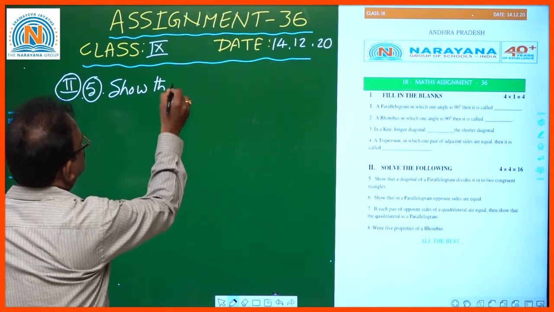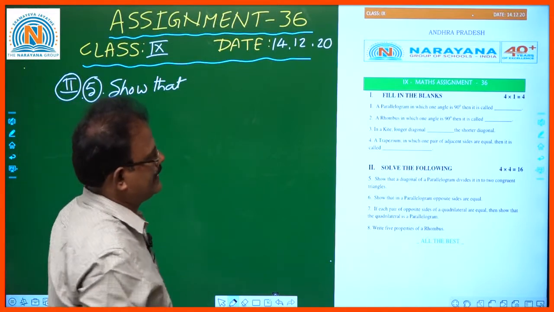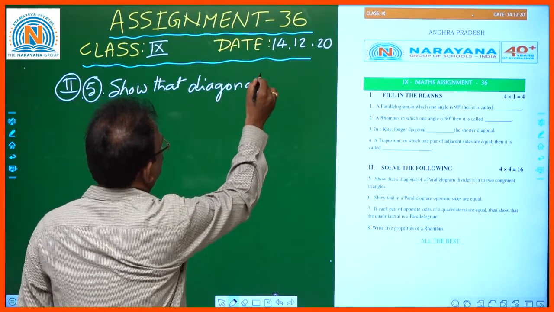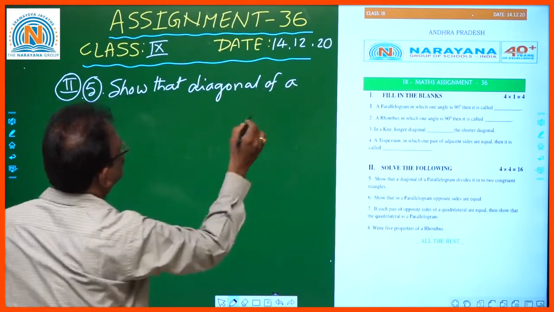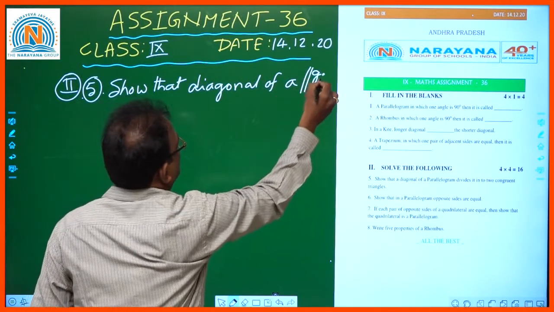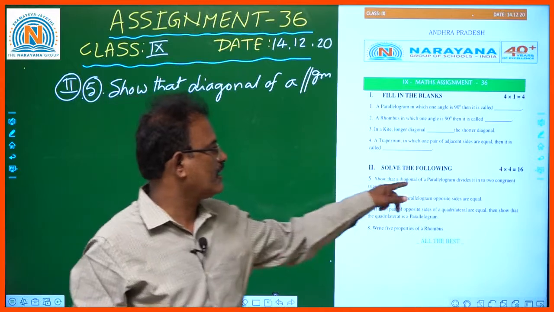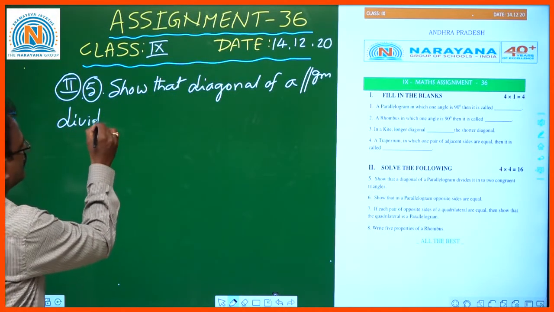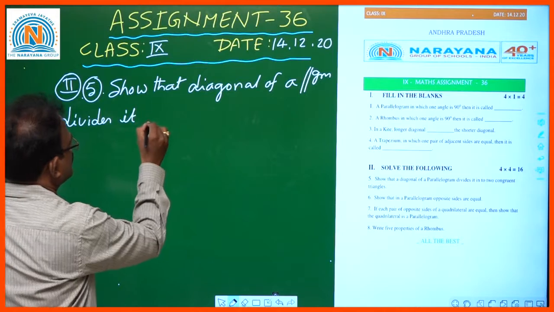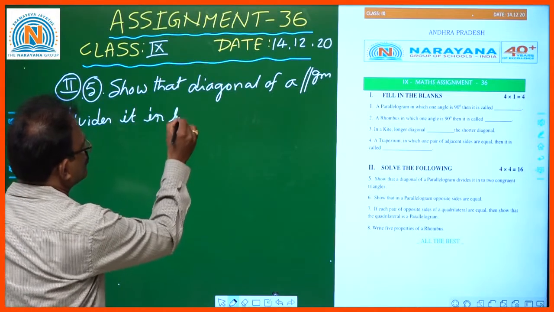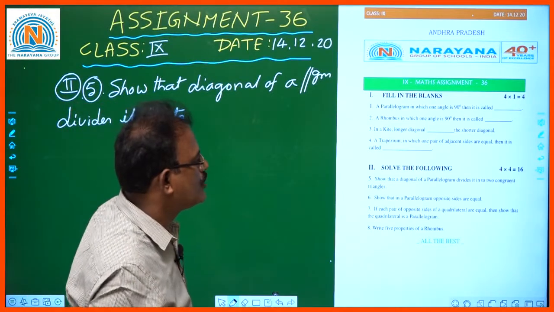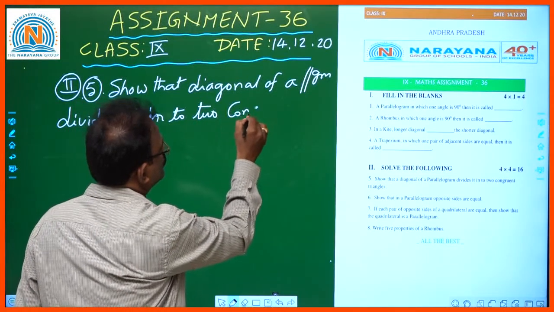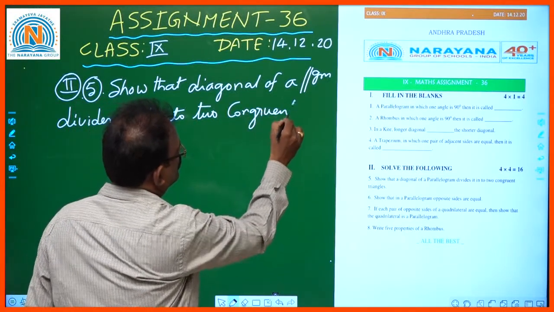Show that a diagonal of a parallelogram, this is the symbol to represent a parallelogram, children, divides it into two congruent triangles.